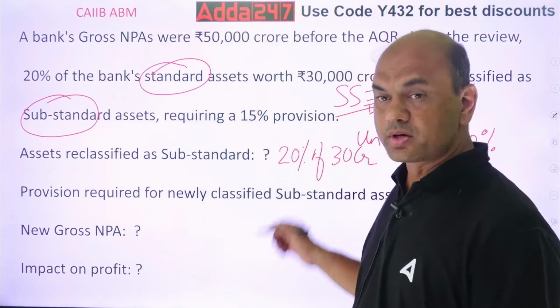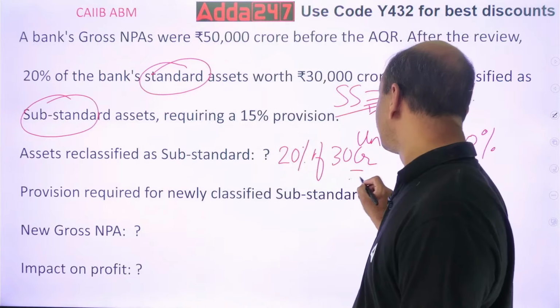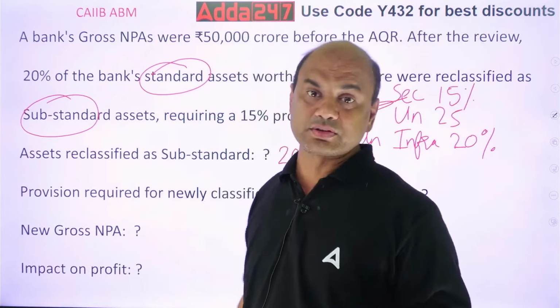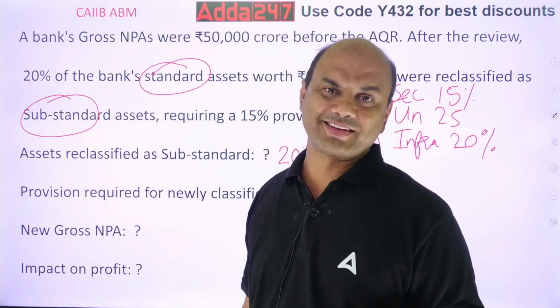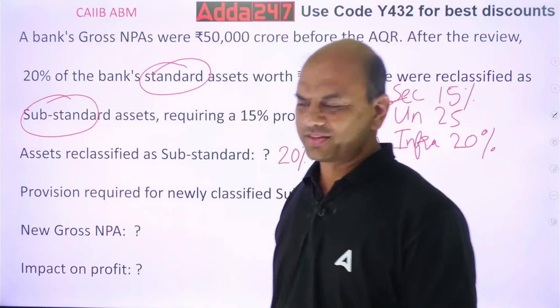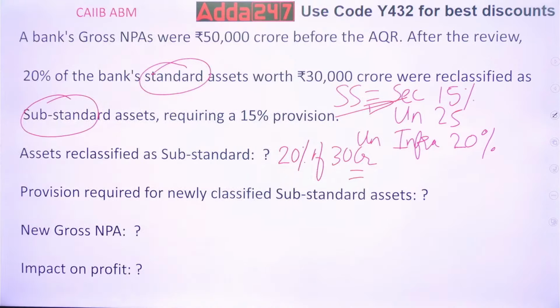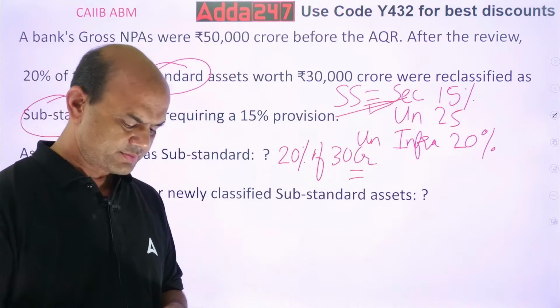Okay. So what is the answer for this? 20% of 30 crores. Crores means how many zeros? I think 7 zeros. 10 lakh is 6 zeros. 1 crore is 7 zeros. Correct. Because 10 lakhs is 6 zeros.